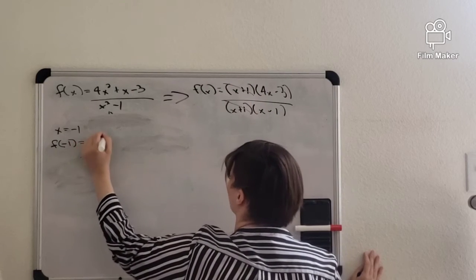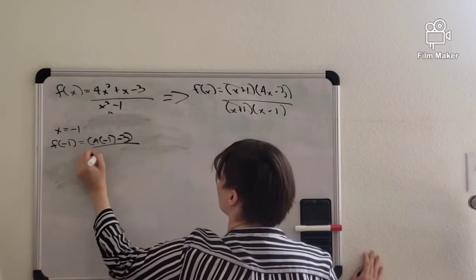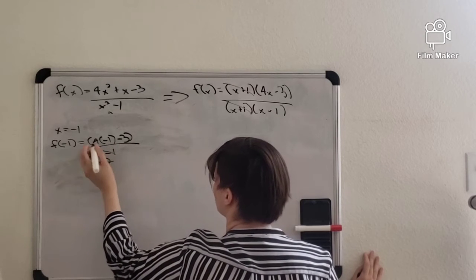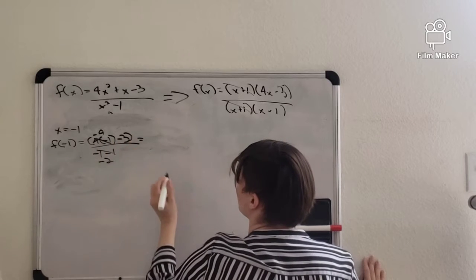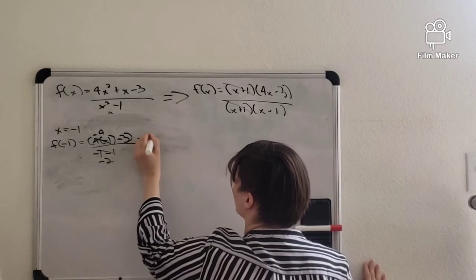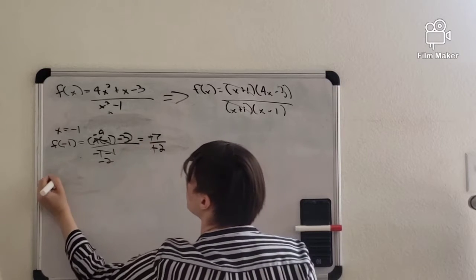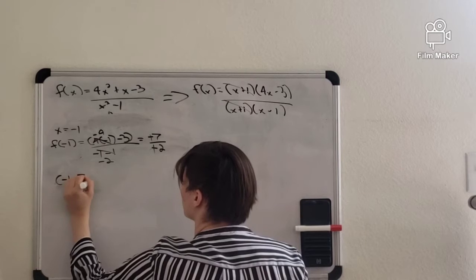So it's going to be 4 times negative 1 minus 3 over negative 1 minus 1. Negative 1 minus 1 is negative 2. That's negative 4. Negative 4 minus 3 equals negative 7 over negative 2. The negatives cancel out. So our hole is going to be negative 1, 7 over 2.